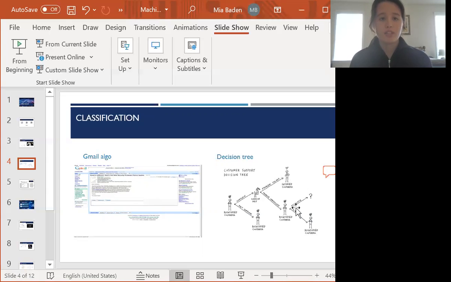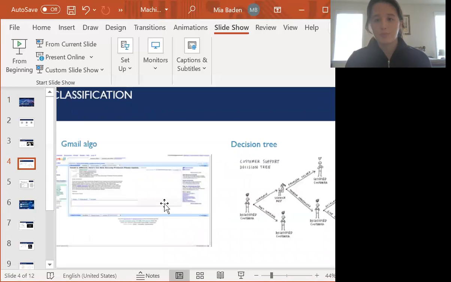Another example is using machine learning in Gmail's algorithm to classify mail into social, updates, and primary. Primary is for emails from contacts. Social is for networks like Twitter, Facebook, YouTube, SoundCloud, etc. And updates are for bills, receipts, and confirmation emails.